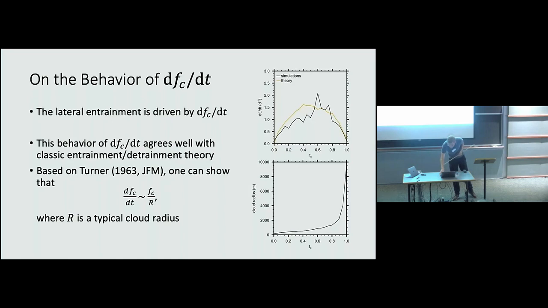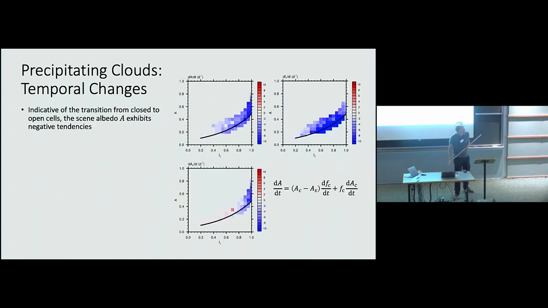Last but not least, I would like to briefly talk about the precipitating clouds, which go from a closed cell state to an open cell state. Here we only look at the temporal changes in the scene albedo, and we see that it's negative throughout the entire FC space, and it's mostly driven by the decrease in the cloud fraction, as we have seen before.